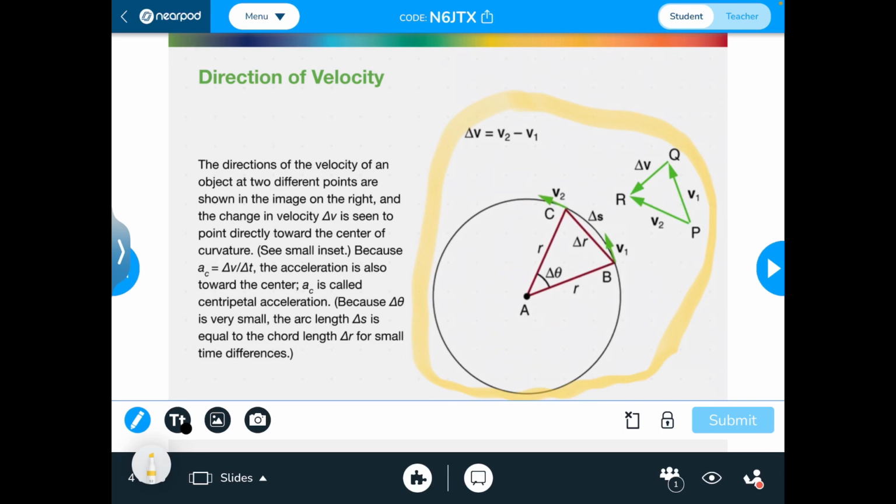And even though the velocity is not changing magnitude, you can see here v1 and v2 are the same length, but there is a change in velocity occurring still, and that changes the direction. So you can see in the green triangle there that the two velocities are the same length, but they have a different direction, and the direction between them is that change in velocity. That change in velocity is the centripetal acceleration.